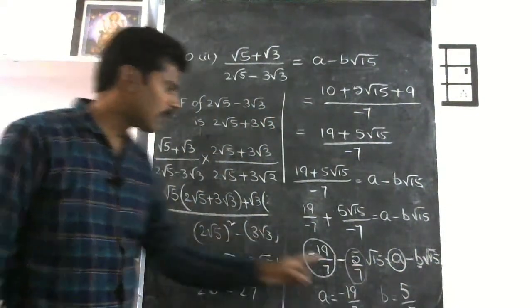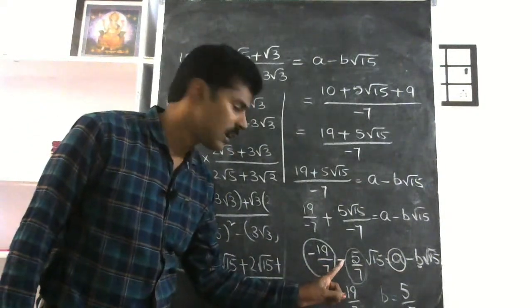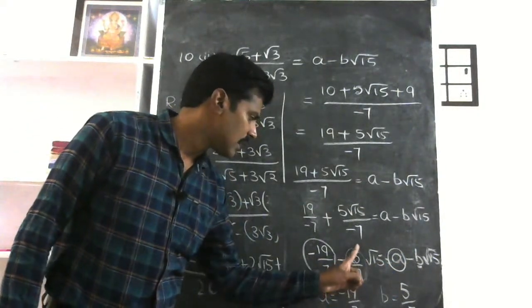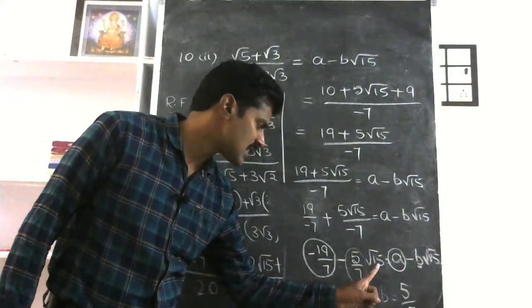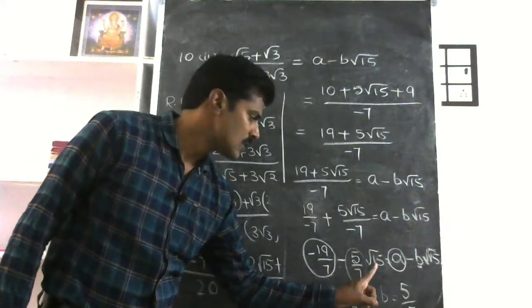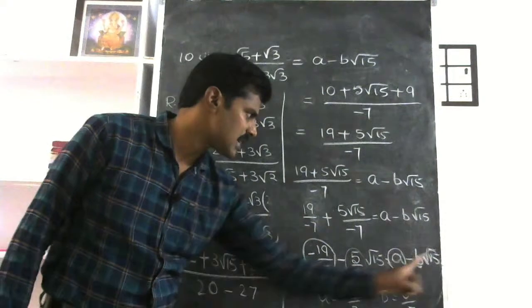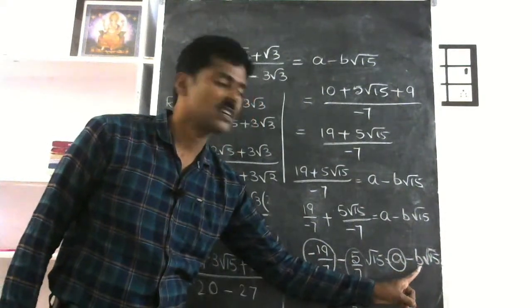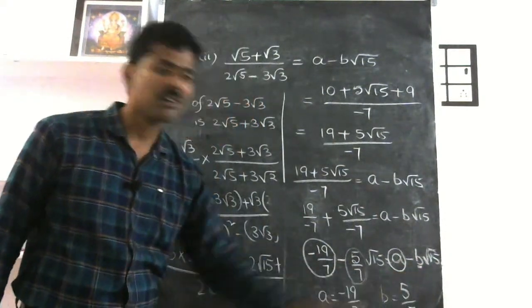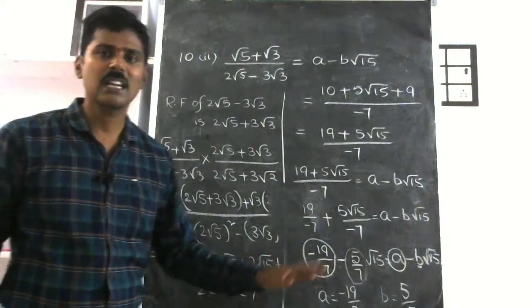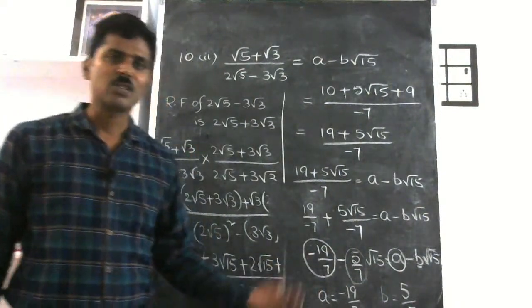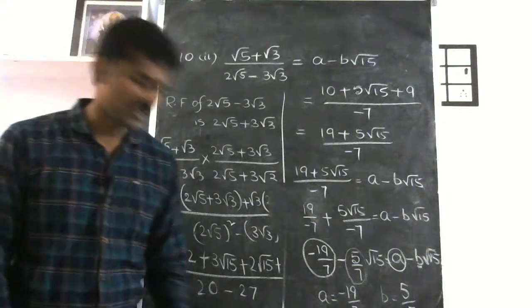Why? Because there is already a minus over here. Minus and minus are both equal. Then b is just the coefficient of √15, which is 5 by 7. Hence b is equal to 5 by 7. So this is the way we have to compare to get the unknown quantities.